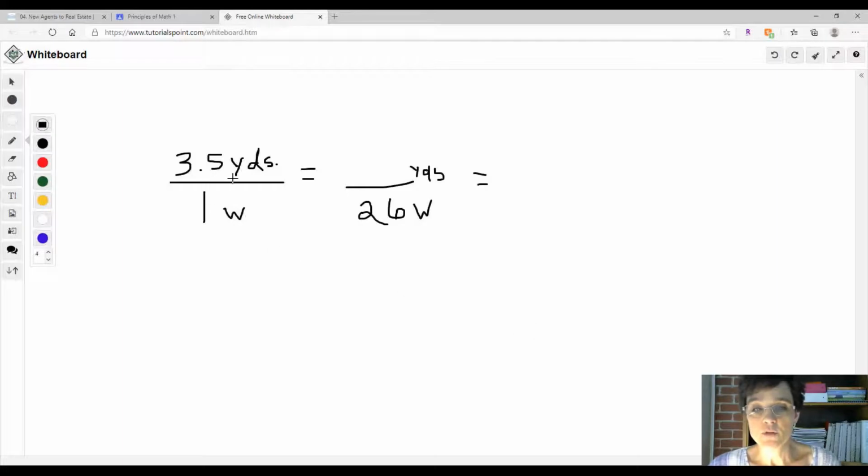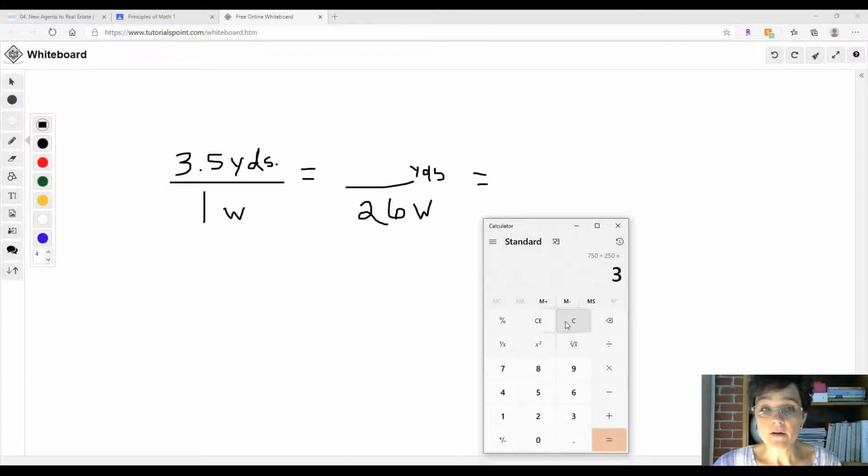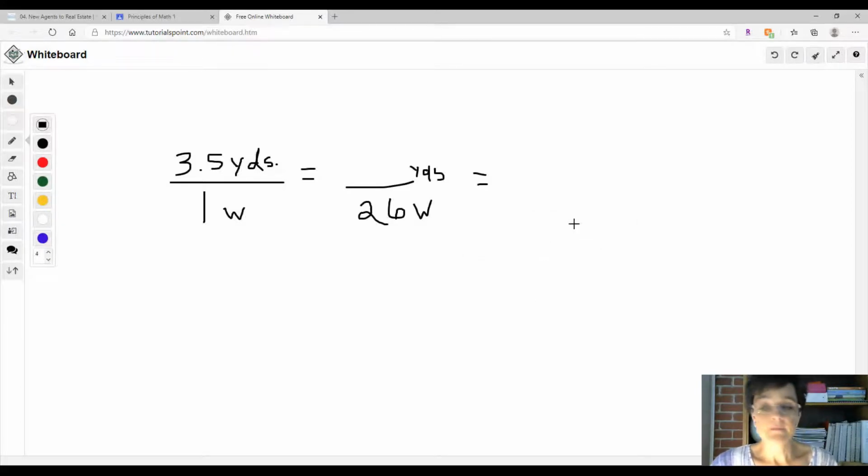Okay, so you should multiply this by 26, because 1 times 26 gives you 26. So 3.5 times 26 then would give you 91 yards. I don't know if that comes out evenly or not. Times 26. Yeah, 91 yards. Okay? All right, good. Hope you understand it.